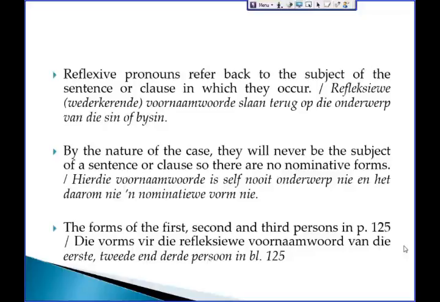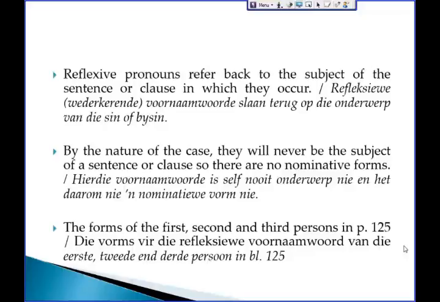Well, by the nature of the case, they will never be the subject of a sentence or a clause. So there are no nominative forms, as you see on page 125. The forms of the first, second, and third person on page 125, let's look at them. In the first person, emautou, how would you translate that?